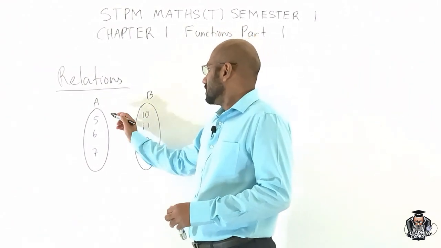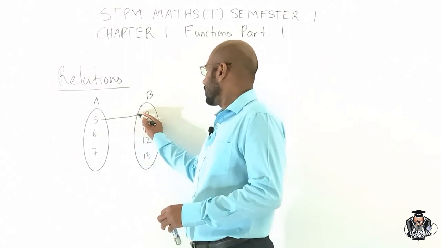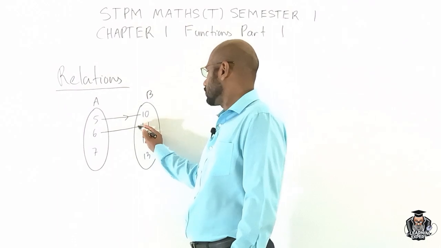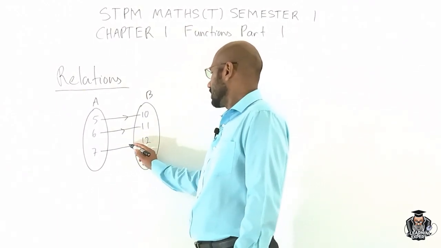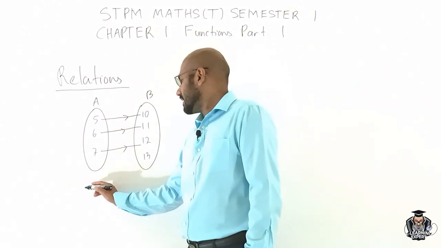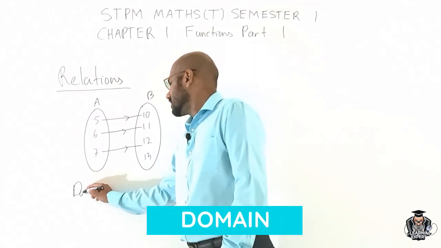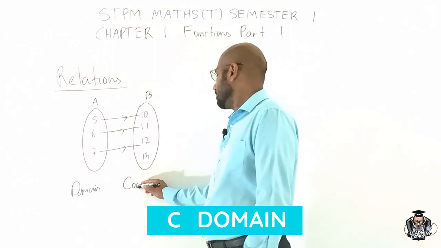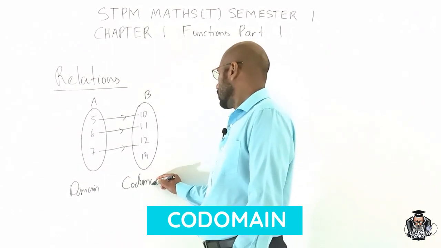Now this element from A is connected to an element in B using arrows as shown on the diagram, and the elements in A we call it as the domain, and the elements in B we call as the codomain.